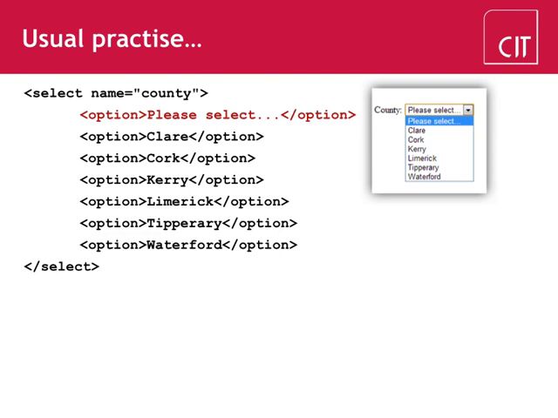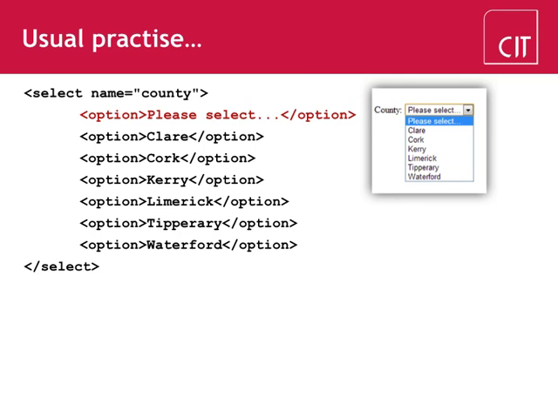Sometimes people say, please select from one of these. But then the problem is, please select can actually be an option that gets sent off. So if you were to do that, you'd need to provide some code that would make sure they weren't actually sending off to the server, please select a county, as their actual county.